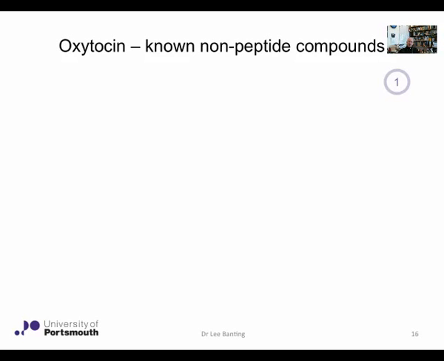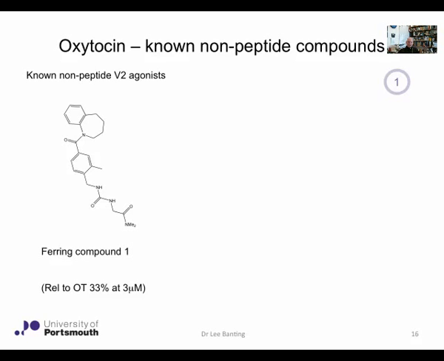Okay, this is where we get onto the core chemistry that I said that we would go through again and revise. So there are known non-peptide V2 agonists, and this company Ferring, which is a Swiss-based company but has research departments in the UK, in fact pretty locally to Portsmouth, knew of these heterocyclic compounds.